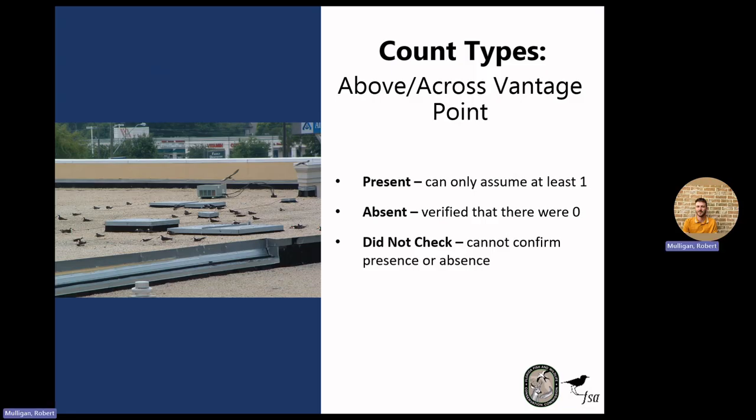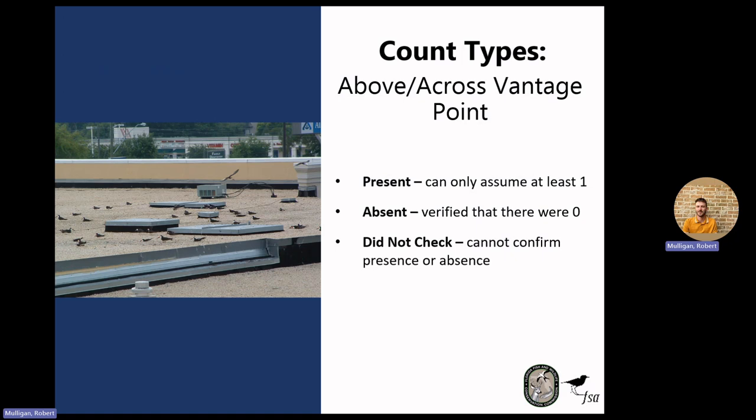If you don't have time for a direct or extrapolated count, you can report present or absent. These count types at least let us know whether a colony is active in the area. If you use present in lieu of a count, please note that present equals 1. So if you report present for nests, we are only able to say with any certainty that there was at least one nest.